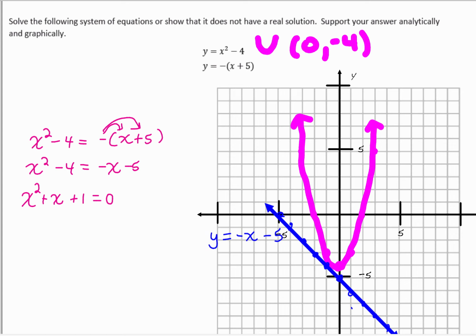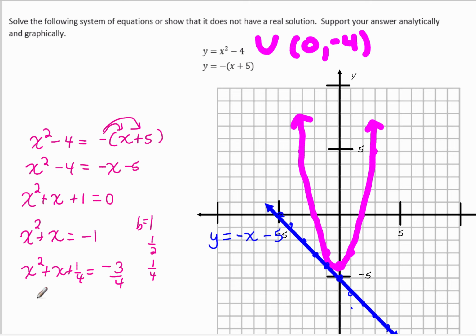But I'm going to finish completing the square here just to make sure. So x squared plus x equals negative 1. I'm going to take half of my b value of 1, and then square it, and I get 1/4. So I get x squared plus x plus 1/4 equals negative 1 plus 1/4, which is negative 3/4. I see.